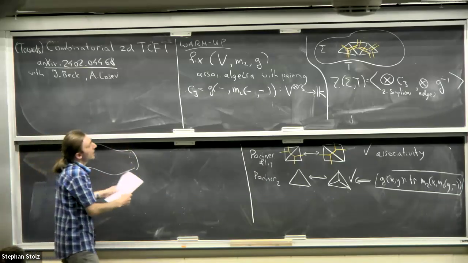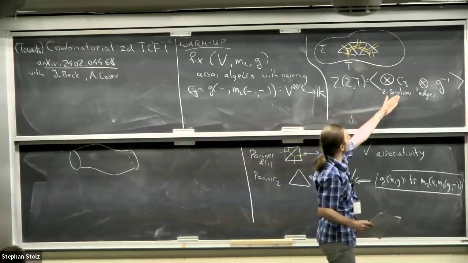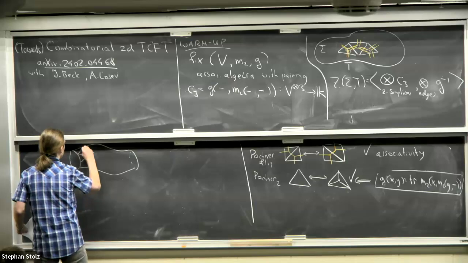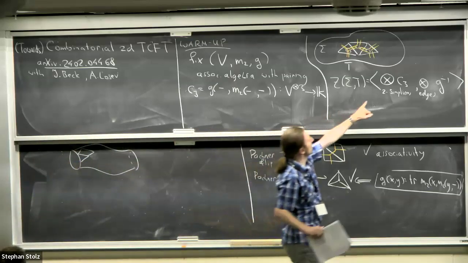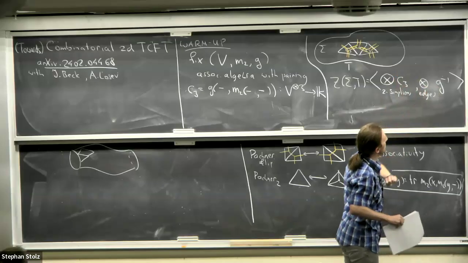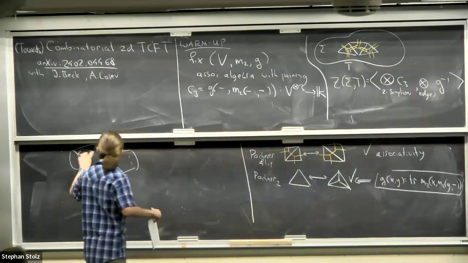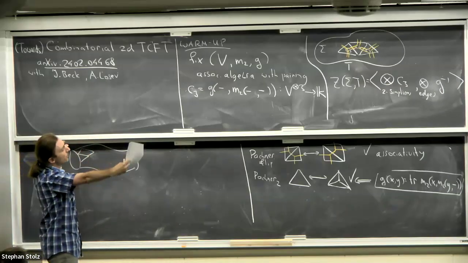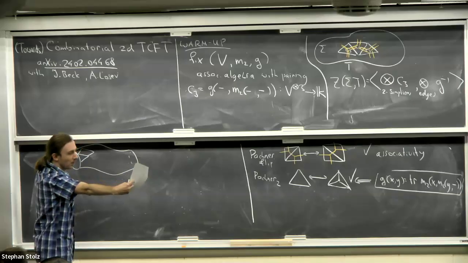The story extends, and I write essentially the same formula. But not all copies of B star will be contracted using the edges, because there will be outer edges. So the result will not be a number, rather it will be a map between two vector spaces.